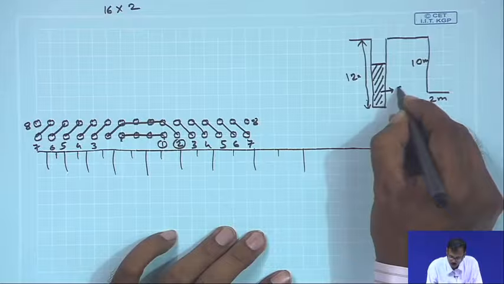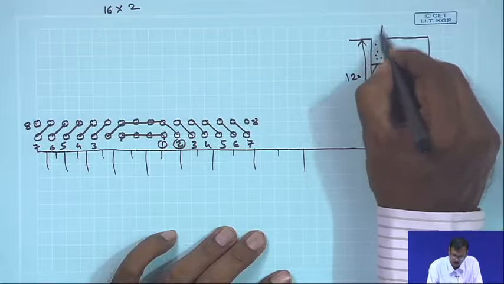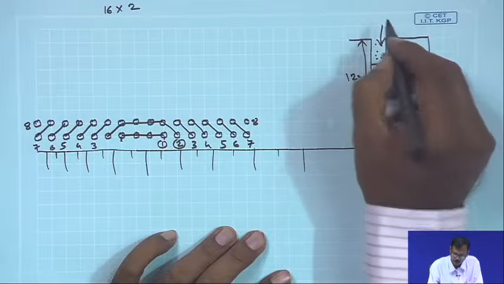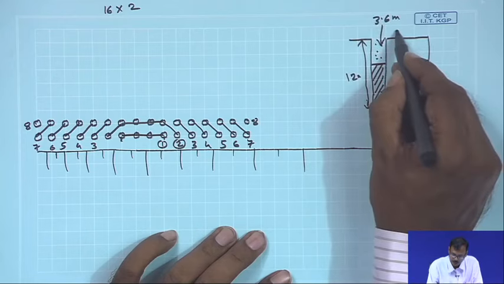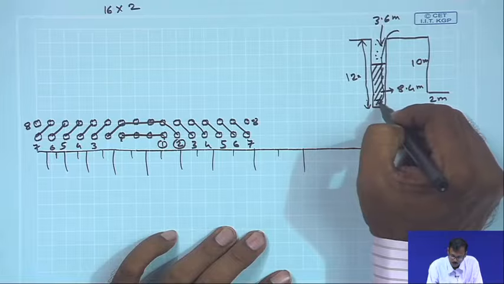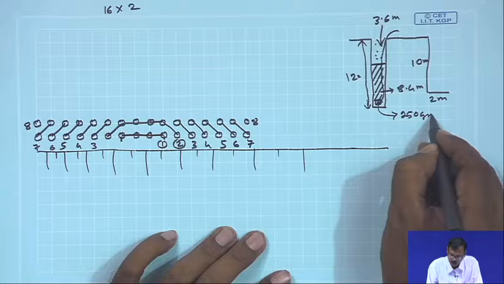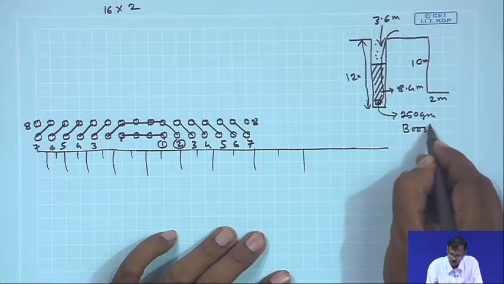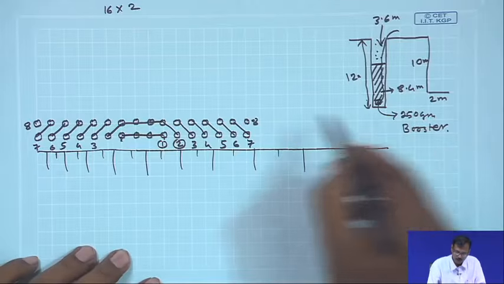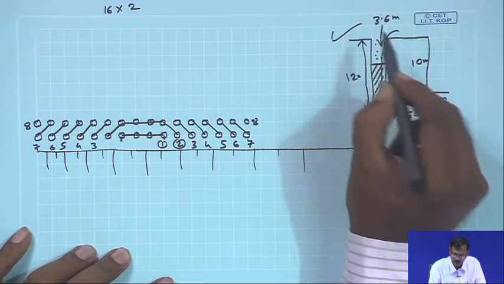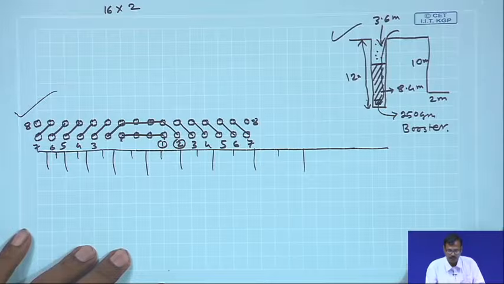So, this is the ANFO column of 8.4 meter, this will be the stemming, we will carry out the stemming of the remaining portion, that means 3.6 meter stemming, and this will be charged with 250 gram of booster. So, this is the blast design, this is the section of the hole and this is the surface connection of the blast.